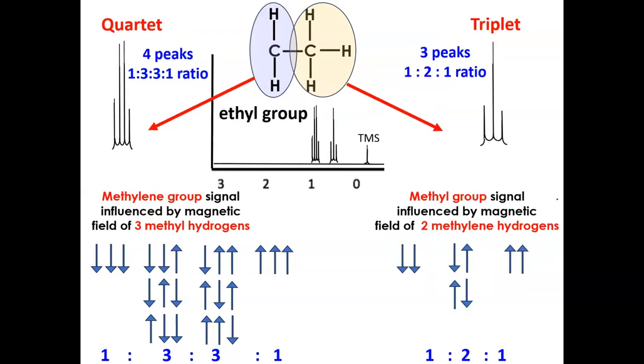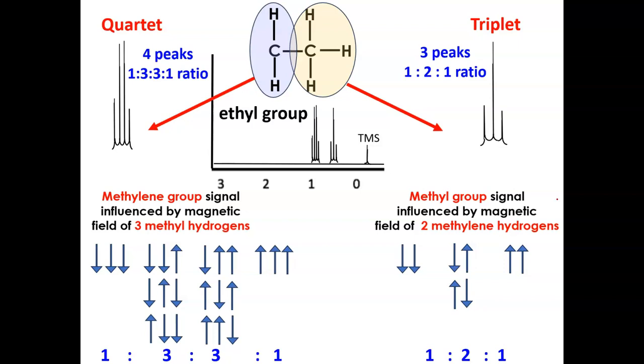This is an ethyl group, again, a very common structural feature, and this is also a very common pattern. We have a quartet and we have a triplet. Well, of course, the CH2 part of the ethyl group will be split into a quartet because there's a methyl group next to it, 3 hydrogens plus 1.